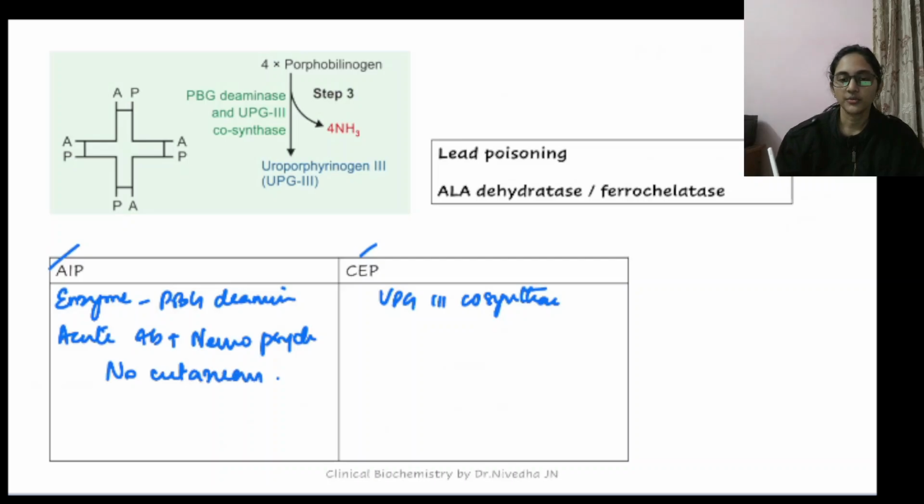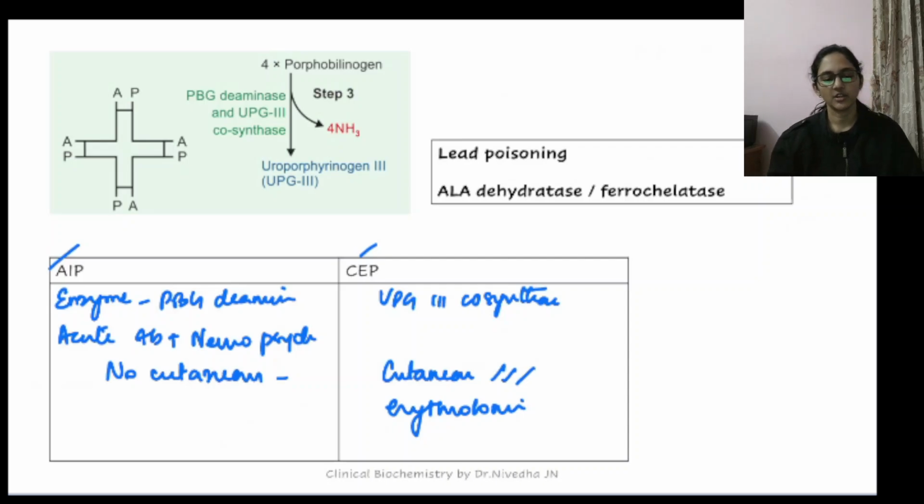In CEP, cutaneous manifestation is the main feature: photosensitivity, monkey face, scarring. Erythrodontia is here, and port wine urine is there. So this is a difference between your AIP and CEP. And what is getting elevated here?